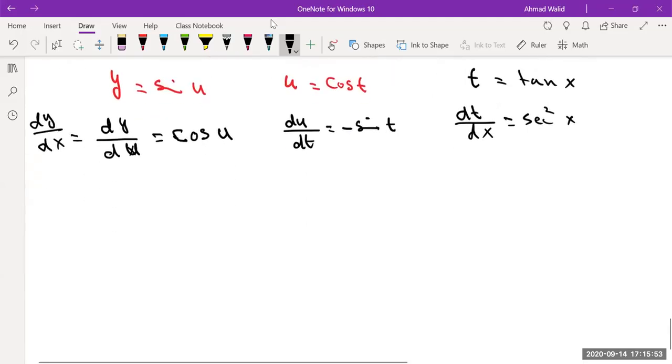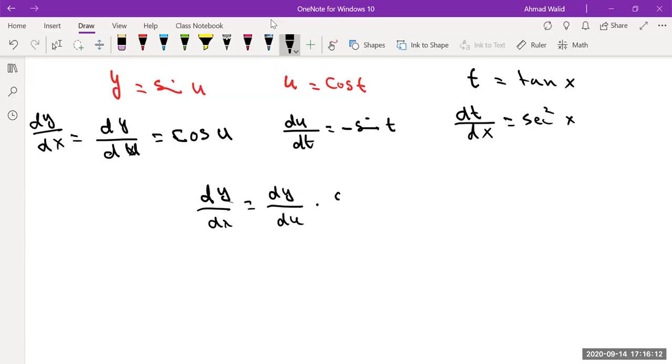Okay, let's put pieces together. If you put pieces together, then you are good to go, because your formula is dy over dx equals dy over du times du over dt times dt over dx, right?